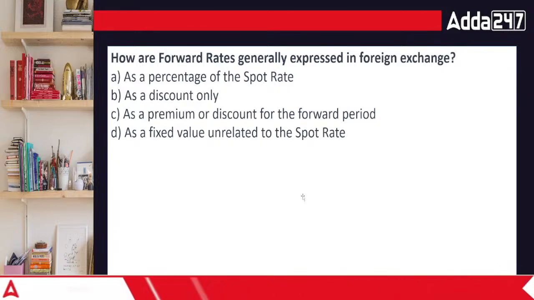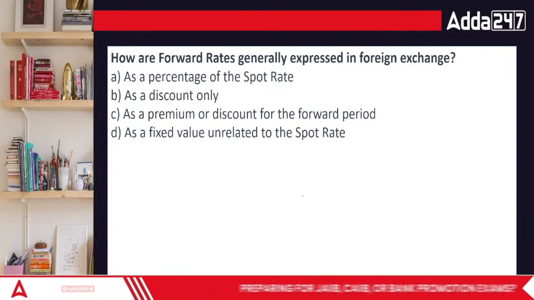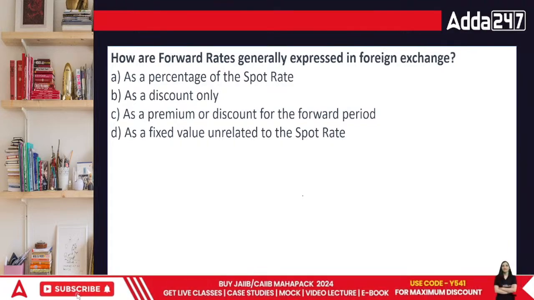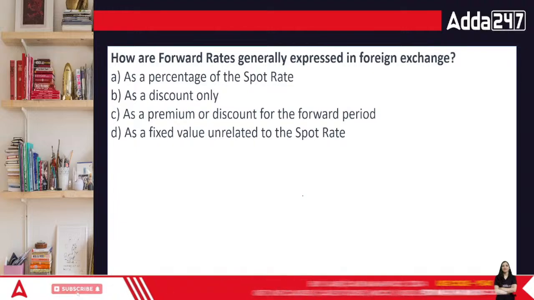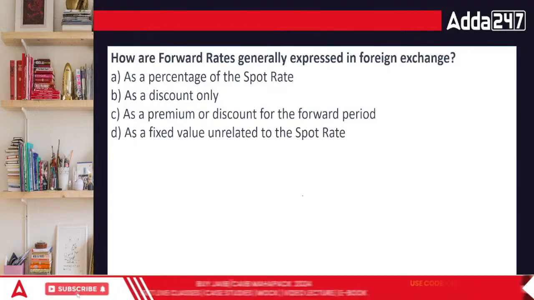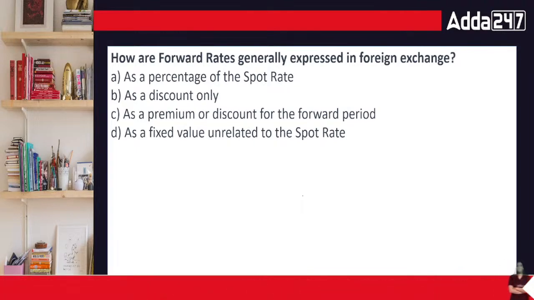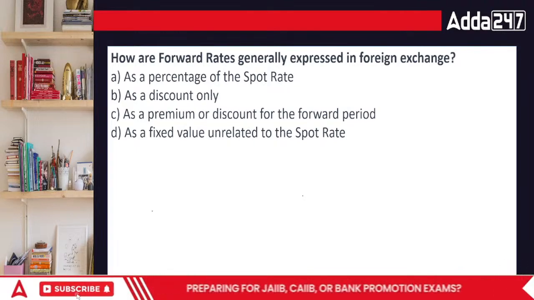How will you define this? When we talk about the forward rates, now the forward rates can be positive. In the upcoming future, it might increase or it might decrease. Both the things can happen. So in this case, what would be the answer? It would be both.